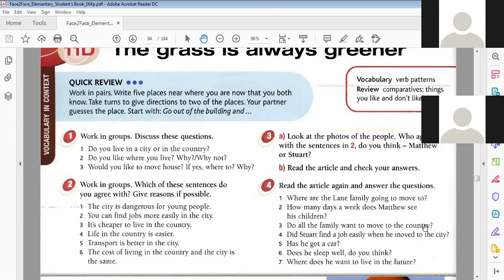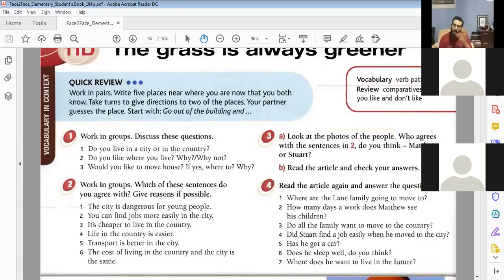Theater. Exactly. All these things we usually find in the city, but not in the country. In the country, it's quiet. There are many trees. There are many farms, right? Animals. Yeah, so it's nice. The air is fresh. There's no traffic. Do you get the idea? This is the meaning of country.